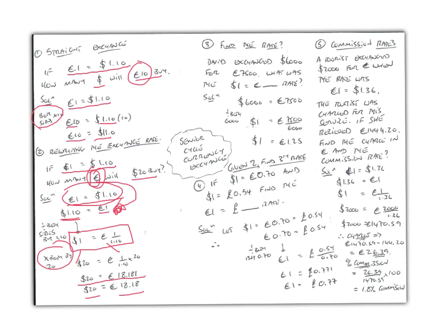Other examples might include find the rate. David exchanged $6,000 for €7,500. What was the dollar equal to euro exchange rate? The solution is we have our dollars equals euros, so we'll just write our dollar amount equal to our euro amount.